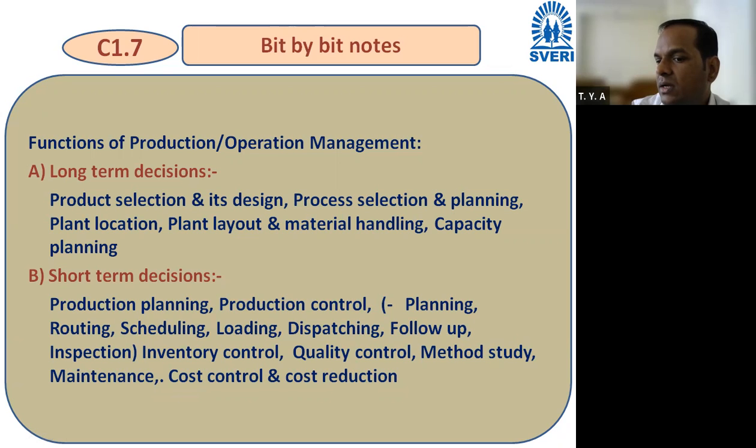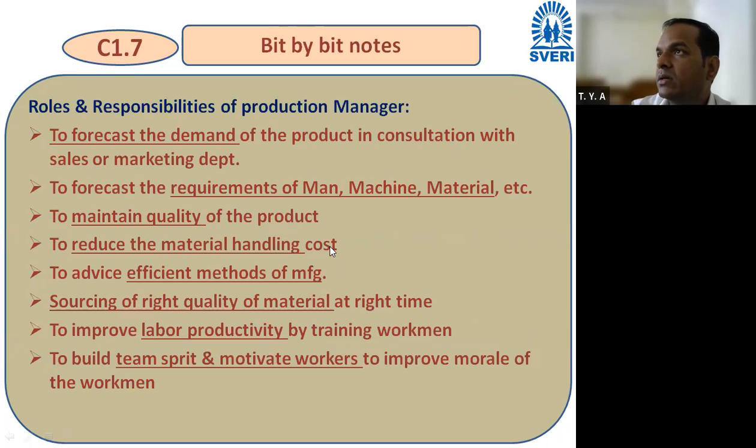Cost control and cost reduction. So we categorize these functions of production operation management in this way. You can elaborate one by one.